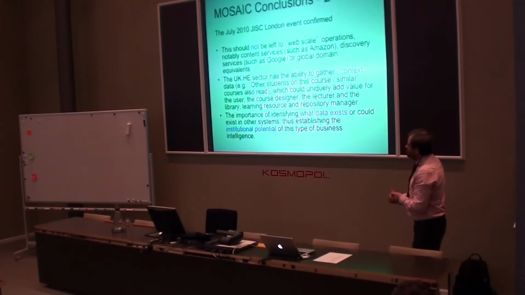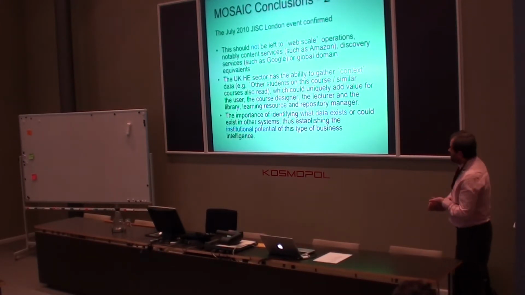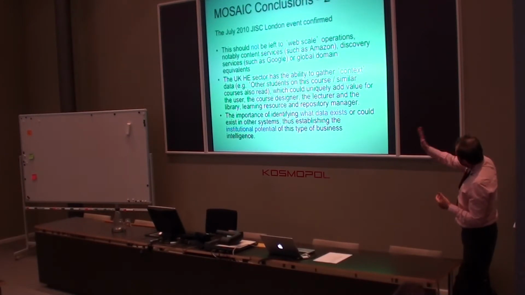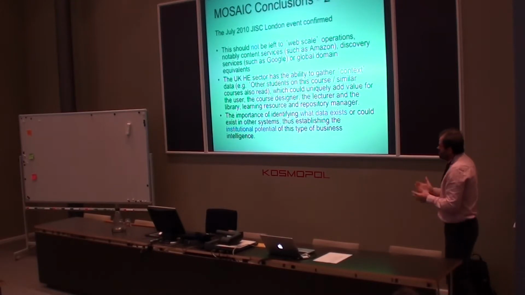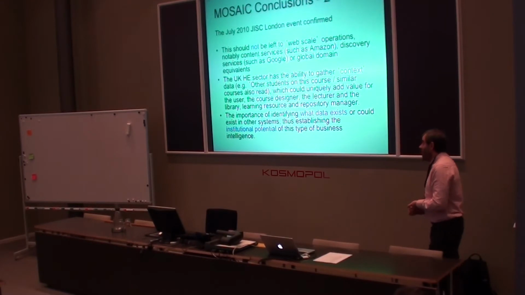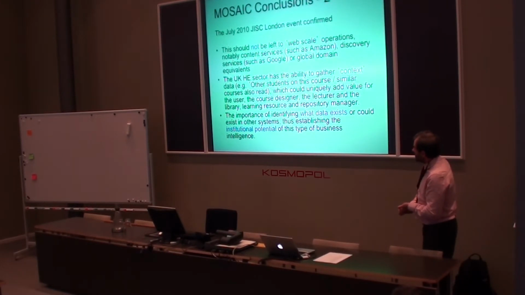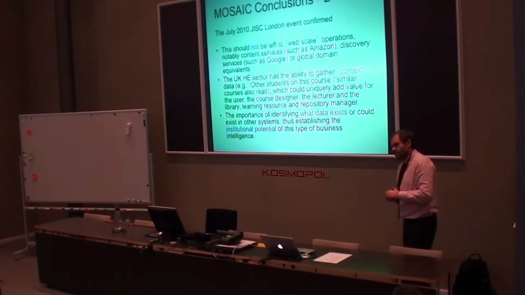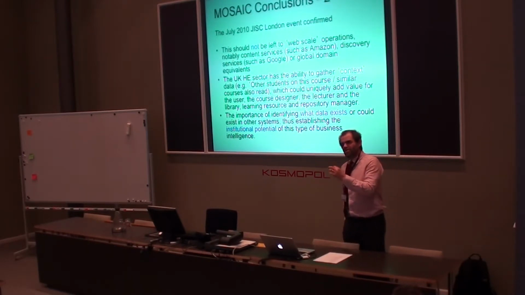And lastly, before we move on to the second phase of what we're doing now, we had a conference where we discussed this a year ago, 15 months ago, and 60 people came, very similar to this, 10 more people possibly, from a number of universities, and the emphatic conclusion was we should not leave this to Amazon, Google, whatever.